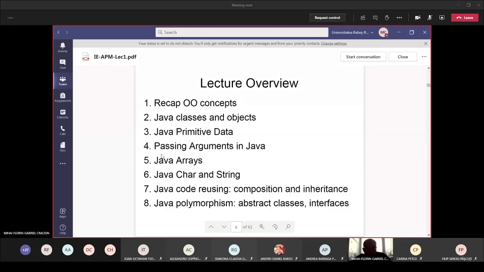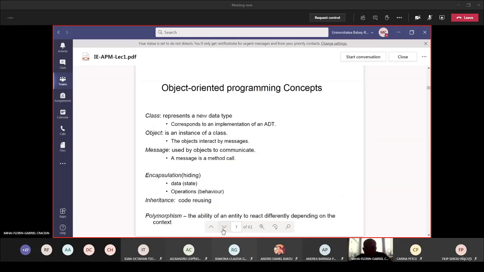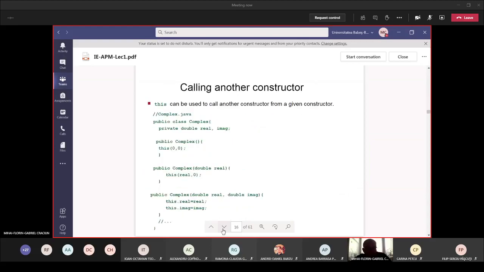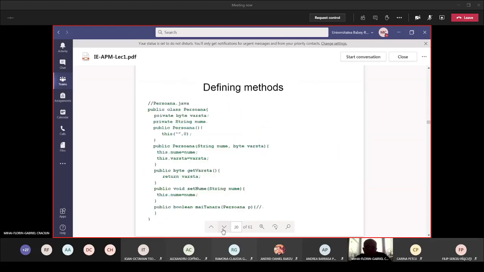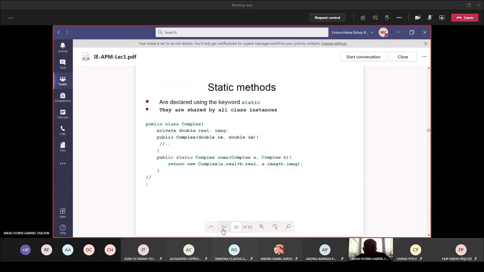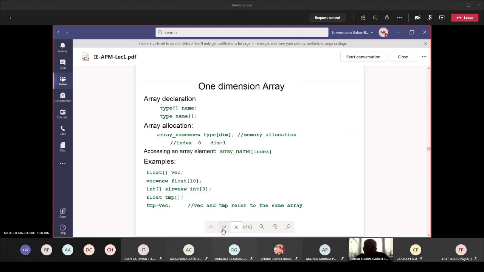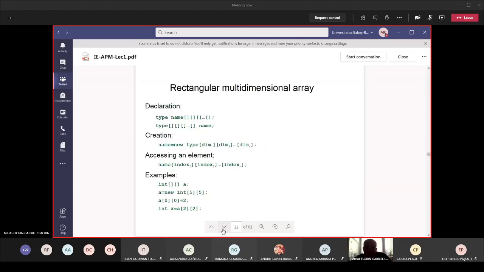Perhaps you may take a look at the classes, concepts, classes, primitive data, passing arguments, array, polymorphism. So in this lecture: overloading, overriding, inheritance, static, non-static, how to pass the data, the array.